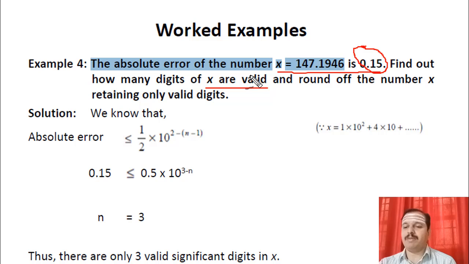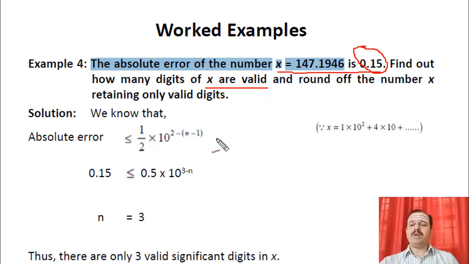Try to understand the problem. If this is the absolute error in this number, then how many digits of x are valid, and also we have to round off the number x retaining only the valid digits. We have to see what is the answer.